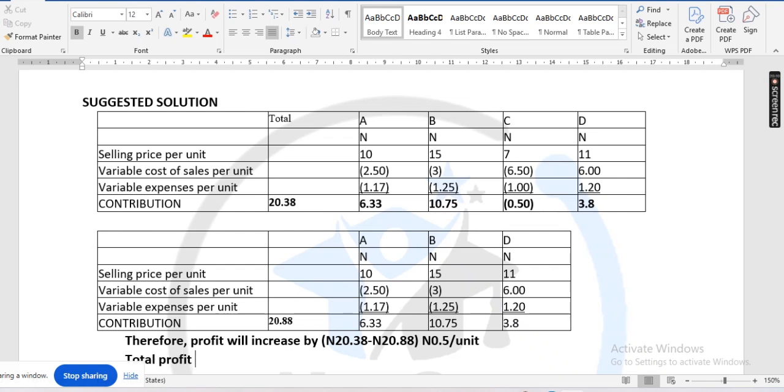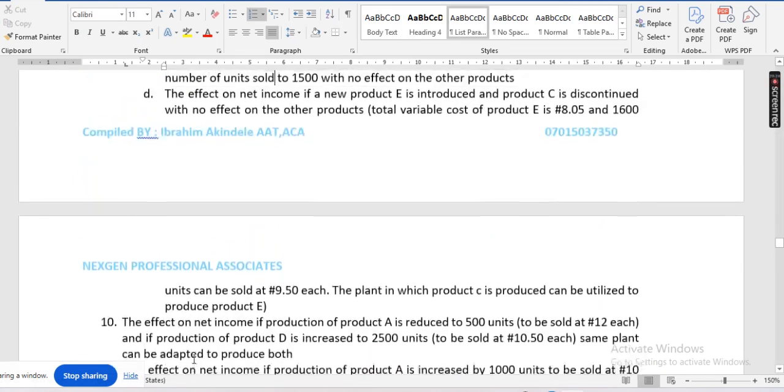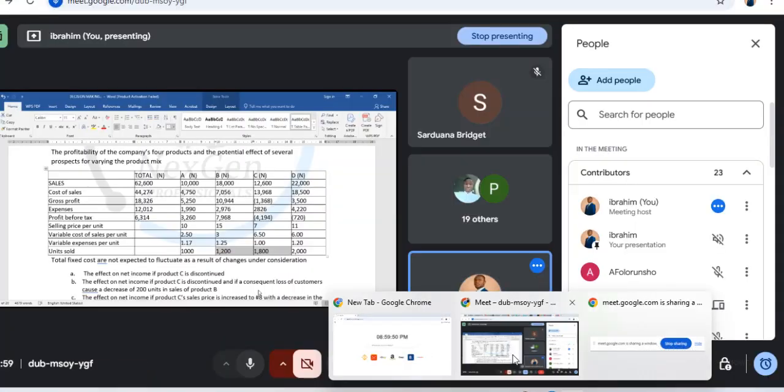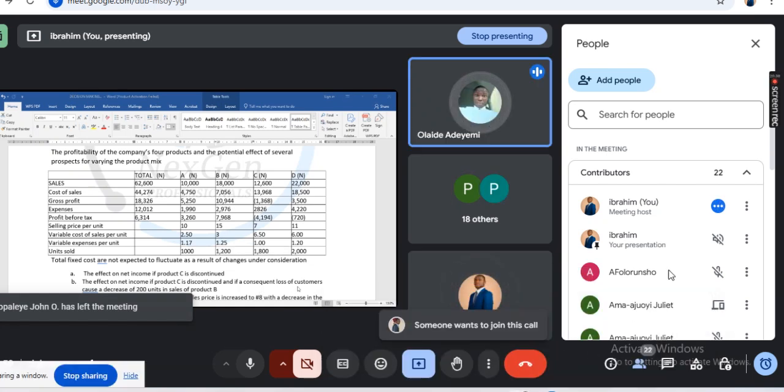Total profit is 0.5 naira per unit times the unit sold for product C. Let's check. What is the unit sold for product C, class? 1,800, right?